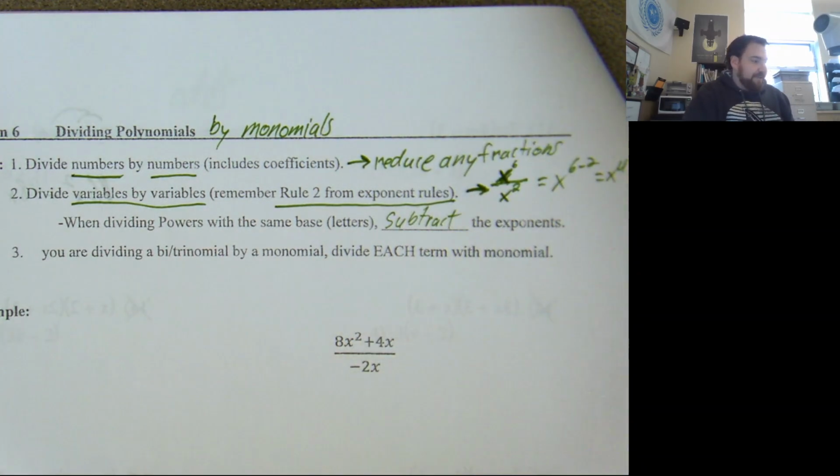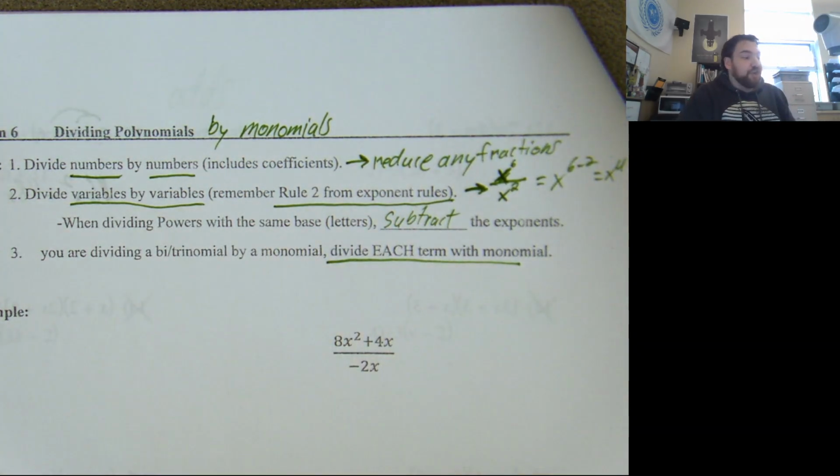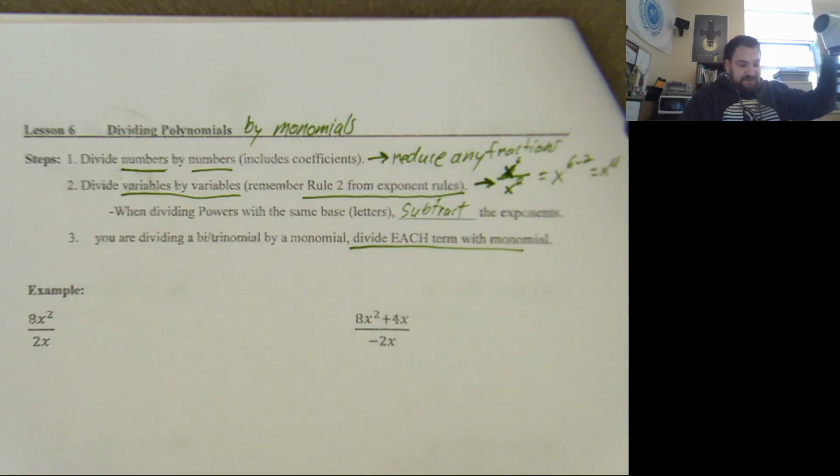But I wrote out my example right there. And when you're dividing, underline this, you have to divide each term by whatever the denominator is. So here we go. Let's do a couple examples and I'll let you play.